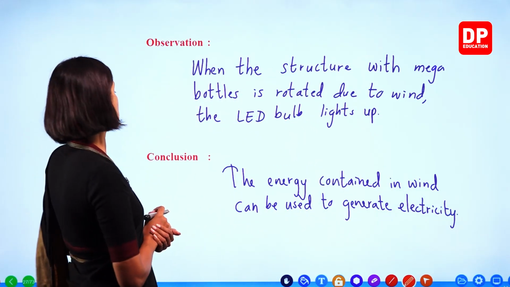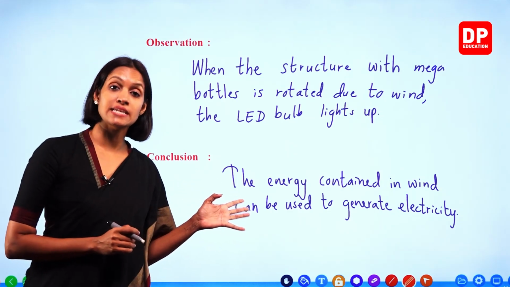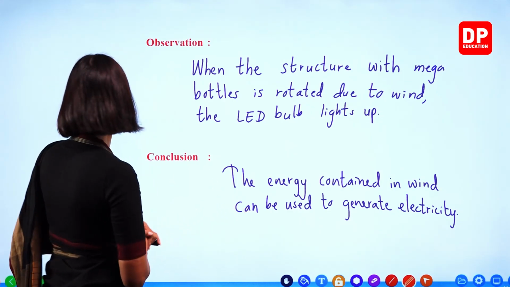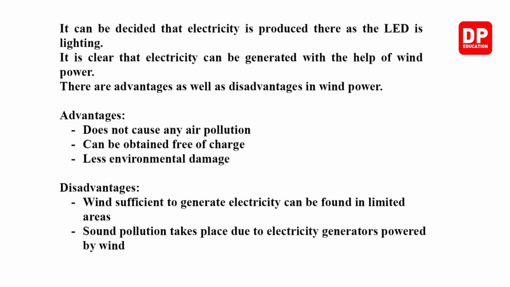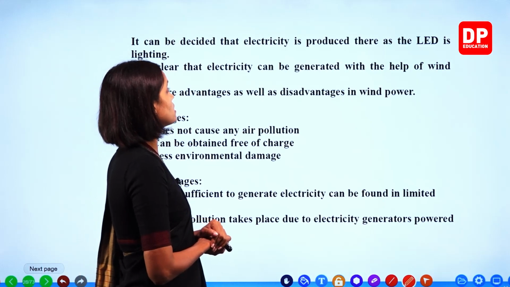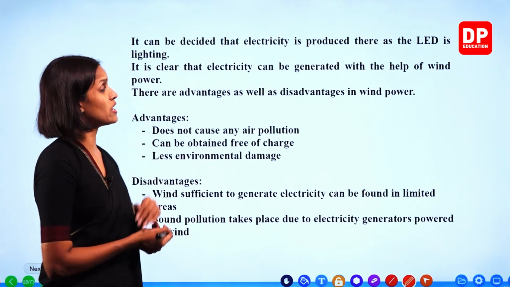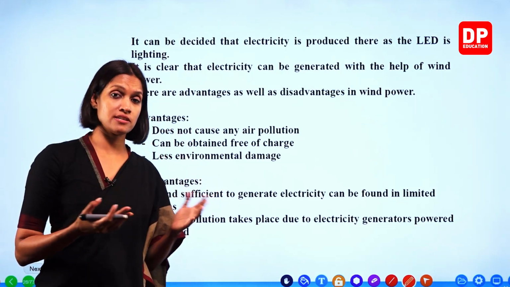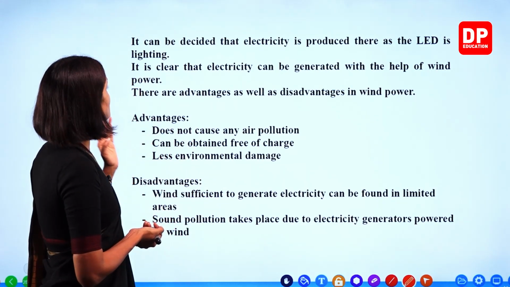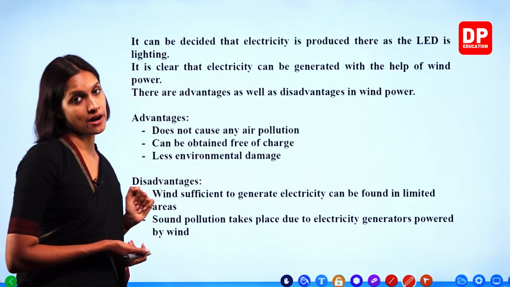Right, children? The energy contained in wind can be used to generate electricity. Okay. So here the same thing. It can be decided that electricity is produced there as the LED is lighting. Right? So the LED lights up only when an electric current passes through it. So it's clear that electricity can be generated with the help of wind power.